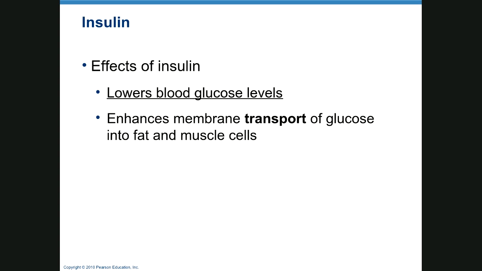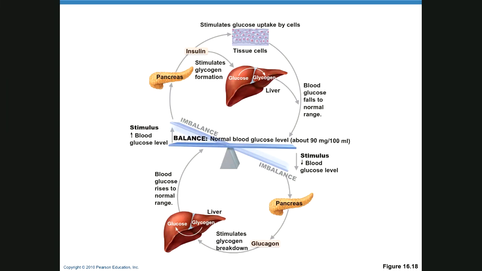Insulin lowers blood glucose by transporting glucose into fat and muscle cells and body cells in general. And you have negative feedback loops. Normal blood glucose, 90 to 100, more or less.